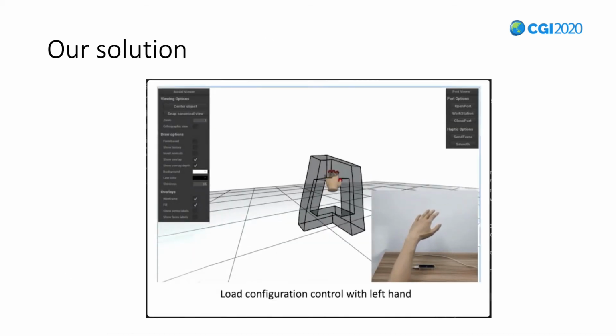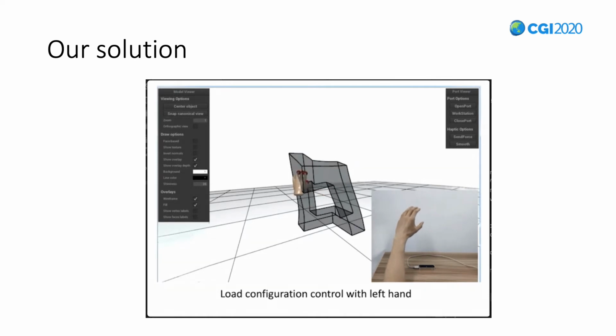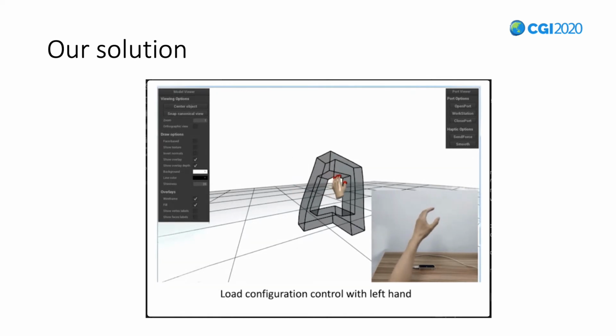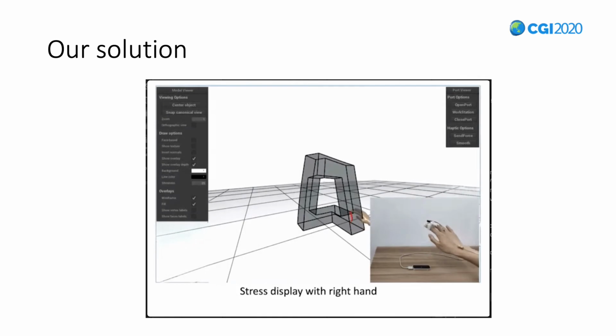In this work, we propose a haptic user interface for navigating stress distribution inside objects. This short demo overviews our solution. The user is allowed to interactively edit the load configuration with the left hand and perceive the stress distribution inside the model by probing his right hand into the 3D model.